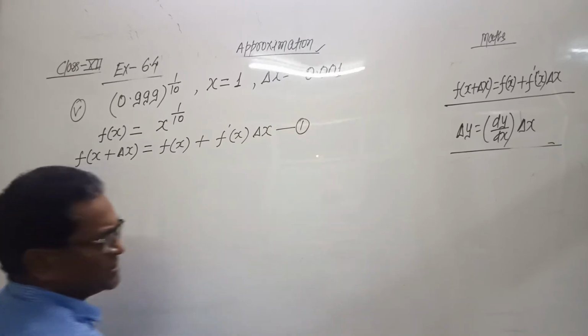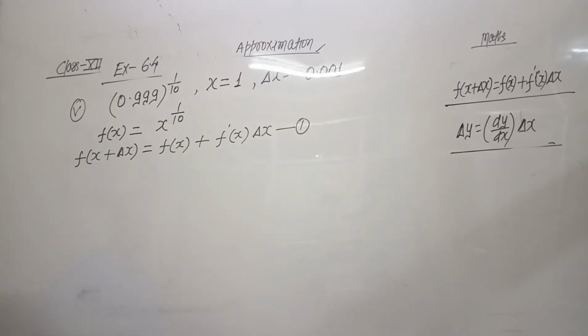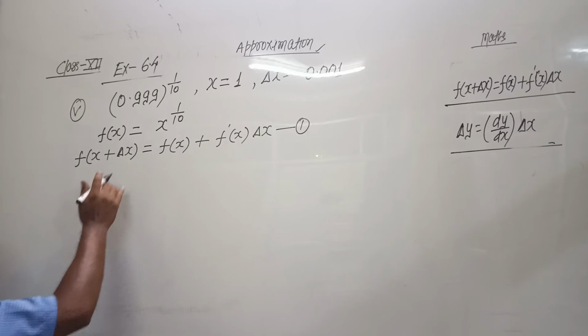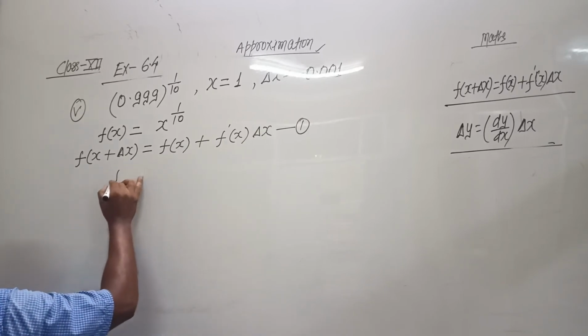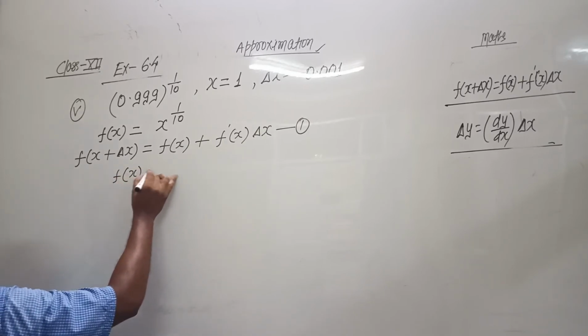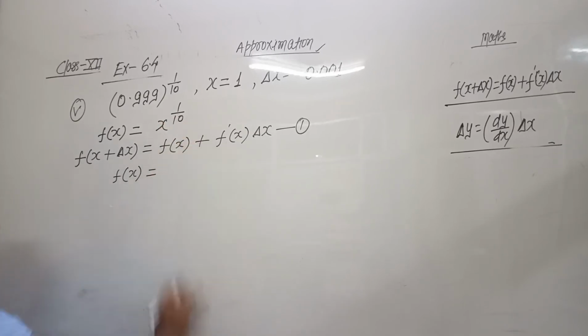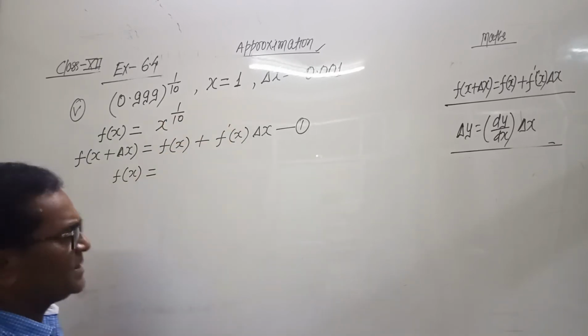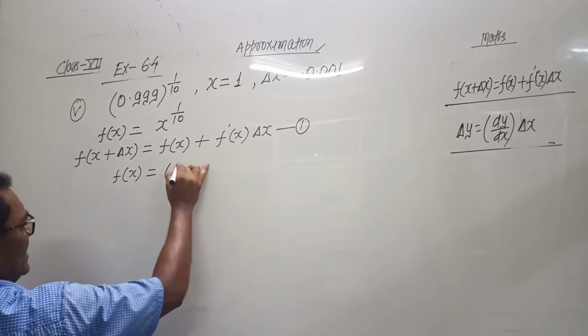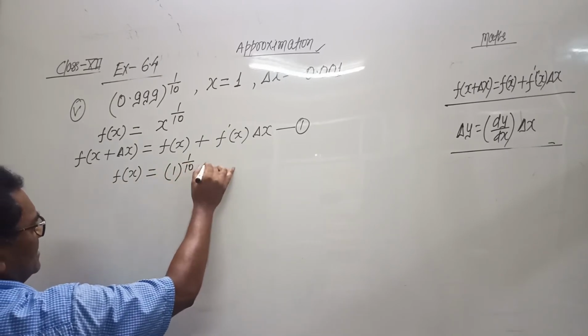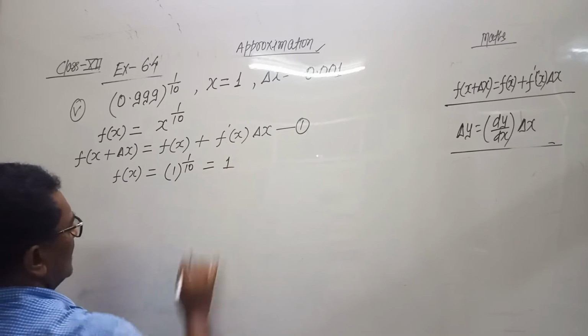Name it equation number 1. We calculate the value of f x. So the value of f x is x raised to the power 1 by 10, and the value of x we have taken is 1. So 1 raised to the power 1 by 10 equals 1.